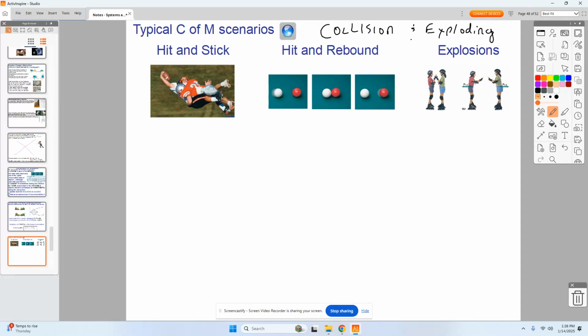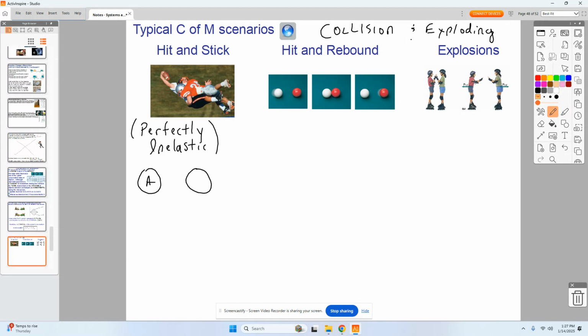Now, I'm going to demonstrate these things here with the cars on the track. Hit and stick is also called a perfectly inelastic collision, so we'll study that more tomorrow. Perfectly inelastic is when objects hit, deform, and stay moving together. The idea here is that one object sort of becomes 2 objects.